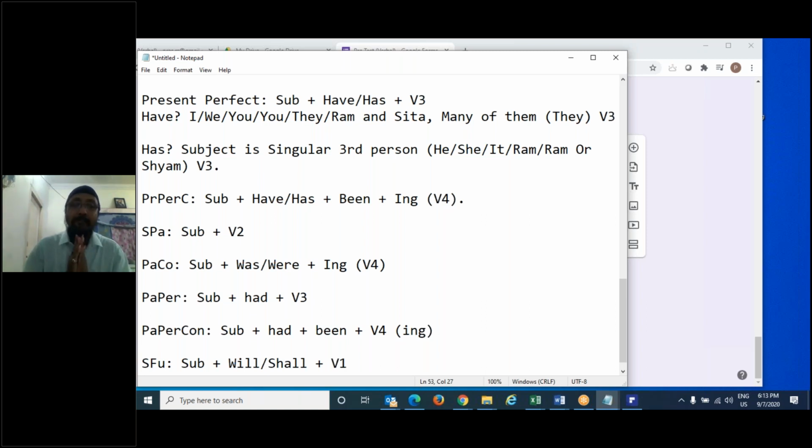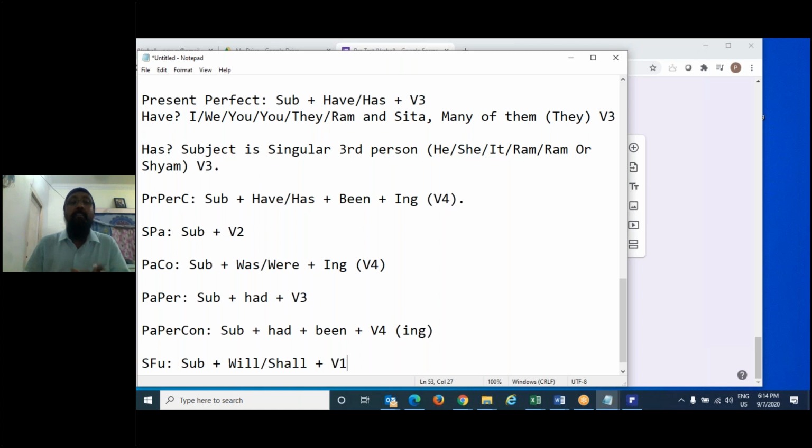Now, will and shall can be considered as present or as future, but shall is not only used as a future. Shall can also be represented as a modal verb. Shall is also used as a modal verb when it is referring to a promise or to any threatening, right?